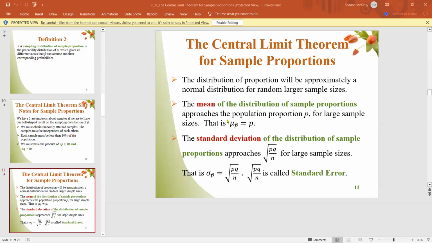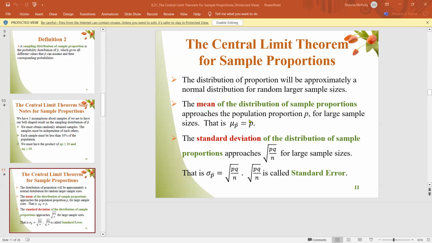Here we are. This is the slide you want to pay attention to. This is the same normal distribution. It just says we don't have mu now, we have p. Mu of p hat is p. This is the middle. The mean is in the middle.